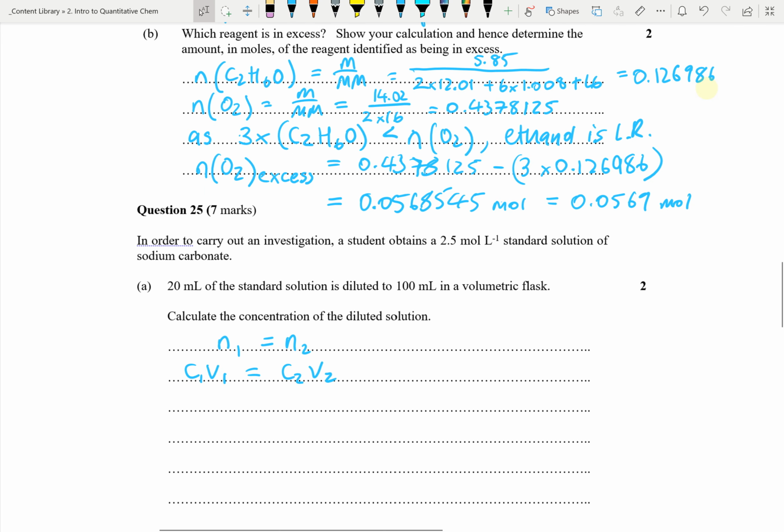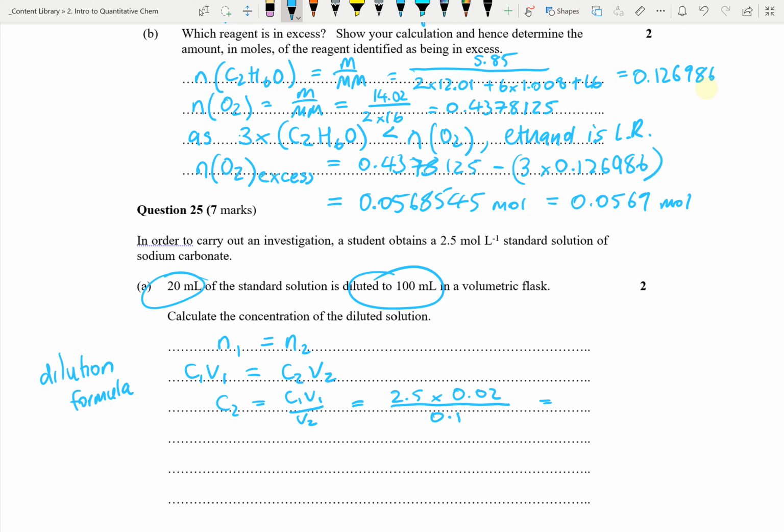So the formula is C1V1 equals C2V2, the dilution formula. I'm trying to find my concentration, which is C2. So it's going to be C1V1 divided by V2. My concentration initially was 2.5 moles per litre. My volume was 20 mL, so 0.02, and my final volume is 100 mL.